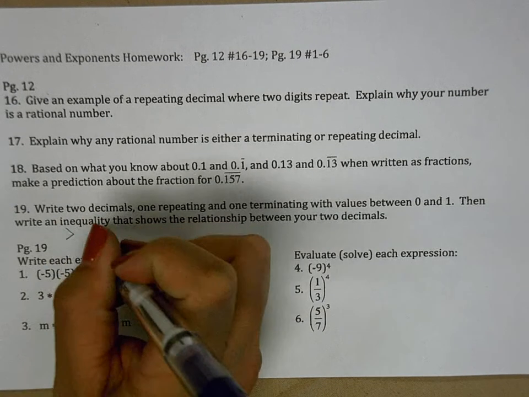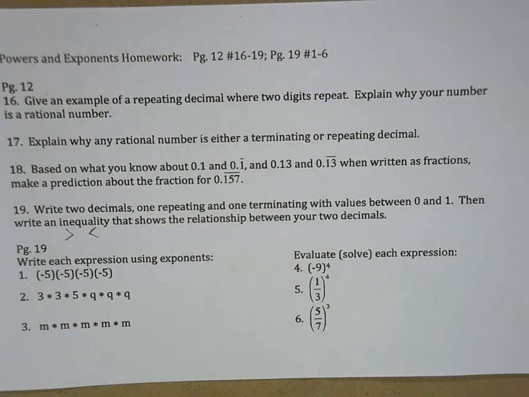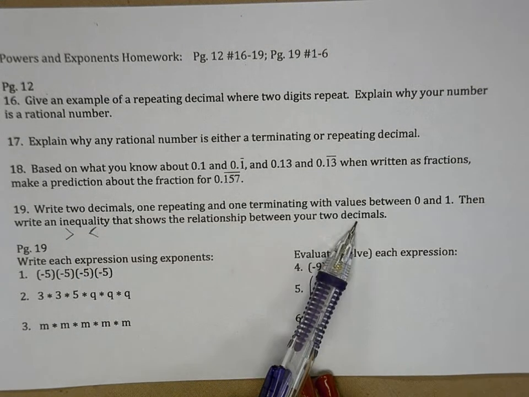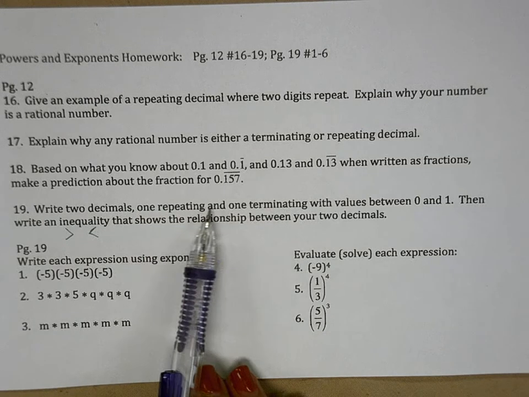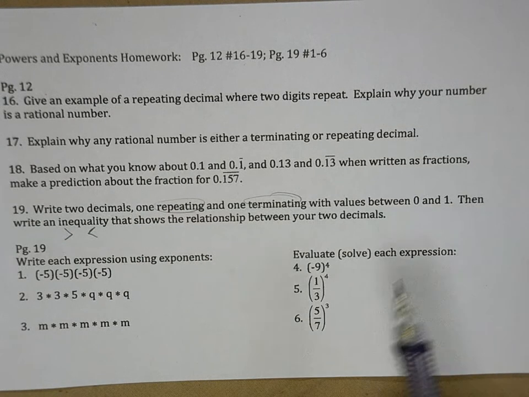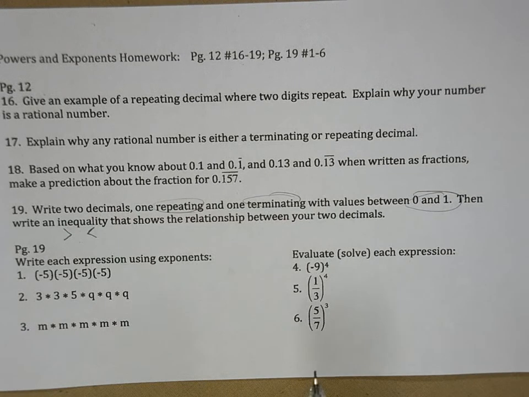In elementary school they had alligators with them. Remember those? That shows the relationship between your 2 decimals. So you need to pick 2 decimals, 1 repeating, 1 terminating, between 0 and 1, and write an inequality. This is very simple, but all these words make it seem difficult, don't they?